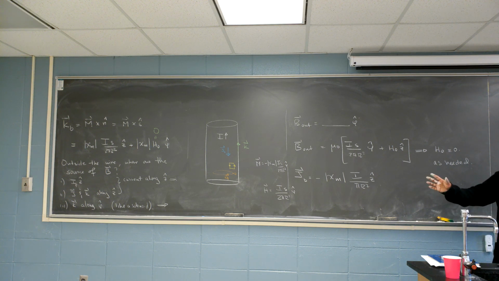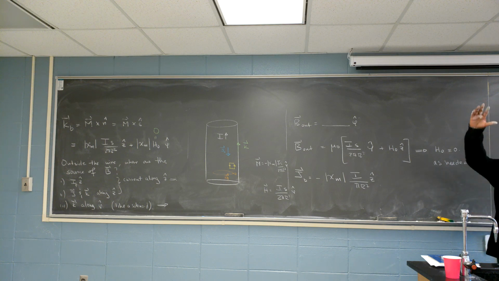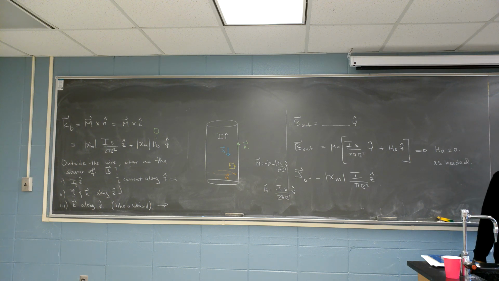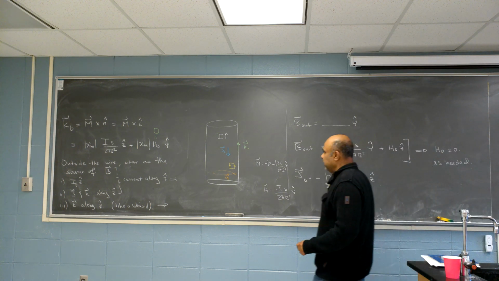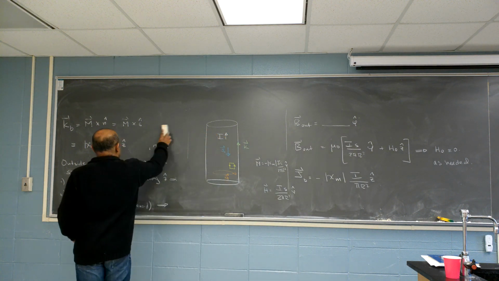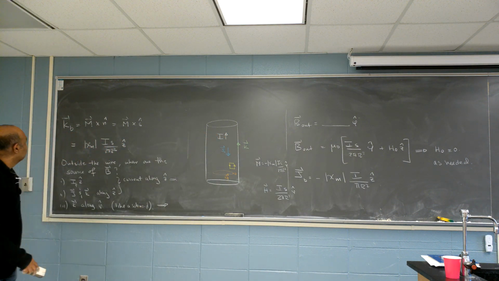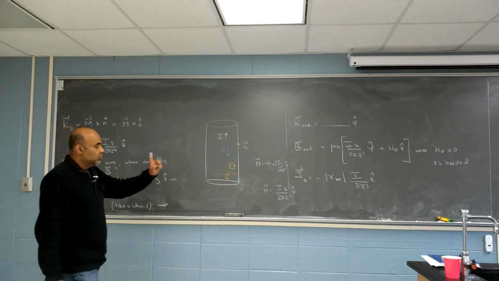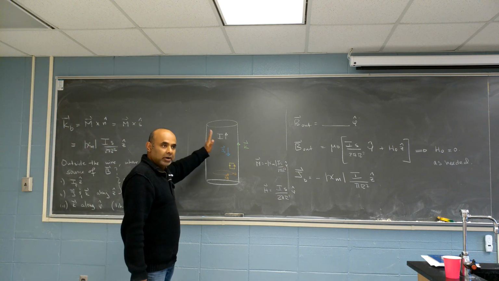In the entirety of this problem, constantly set H0 to 0, because now that we know that, all the answers become somewhat simpler. So J is this, K is that, and there's no solenoid current. All currents are either up or down.